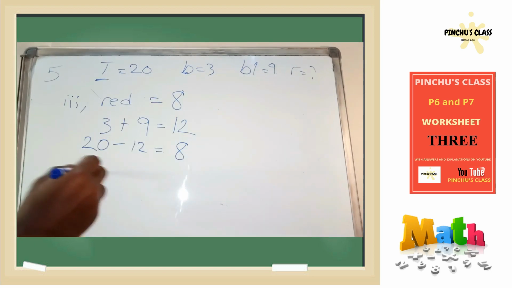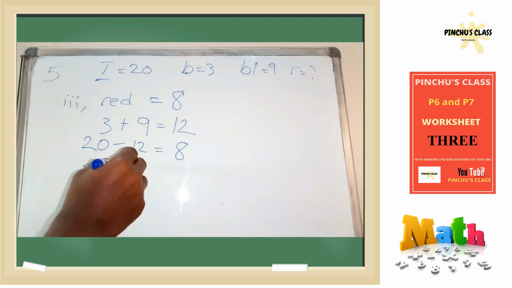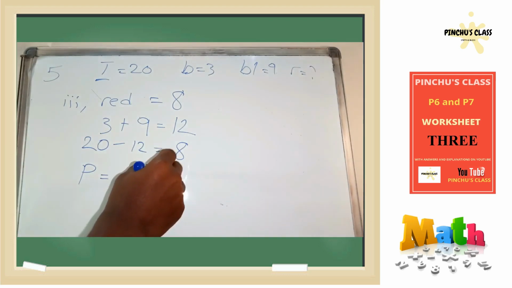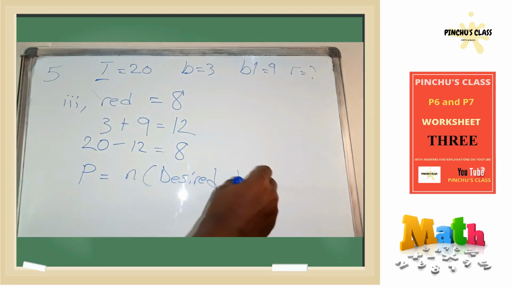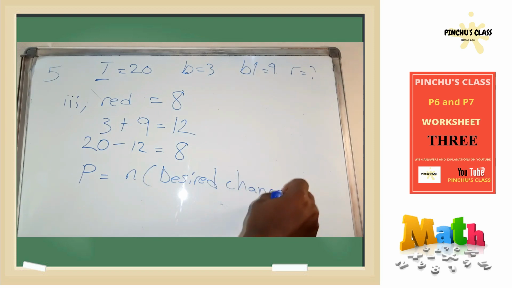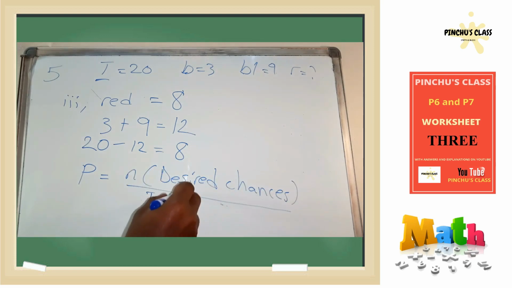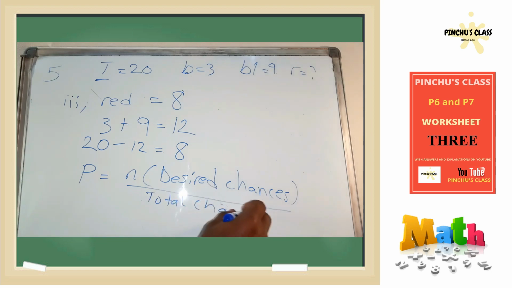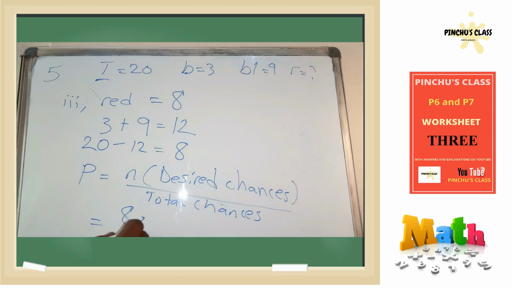So probability is going to be, we use the same formula, number of desired chances out of total chances. So this is going to give us 8 out of 20.